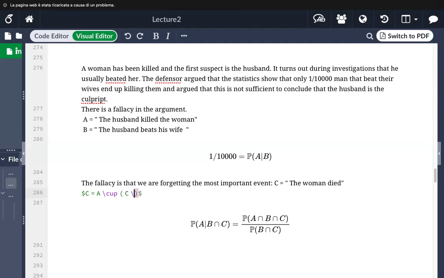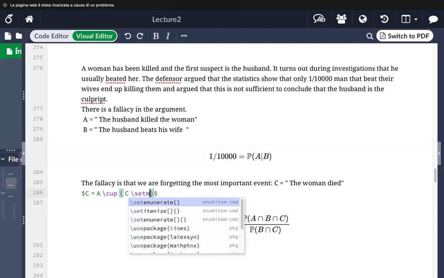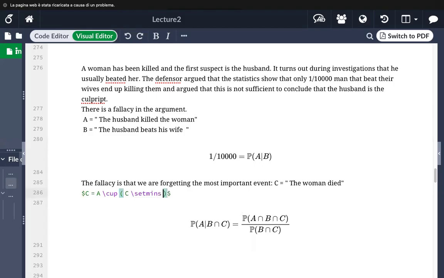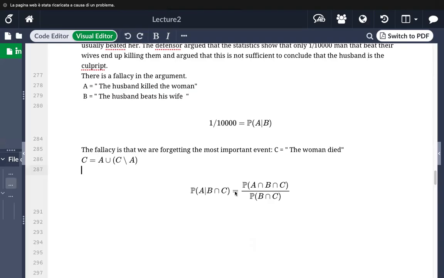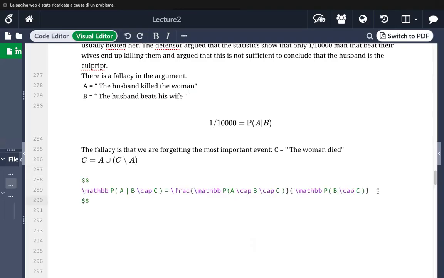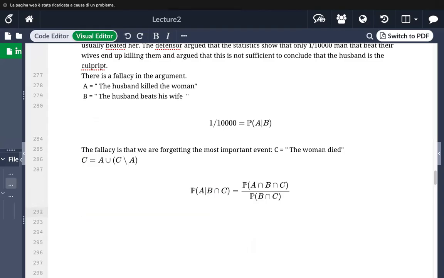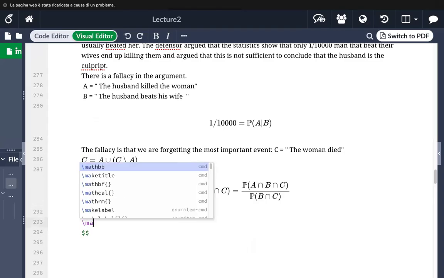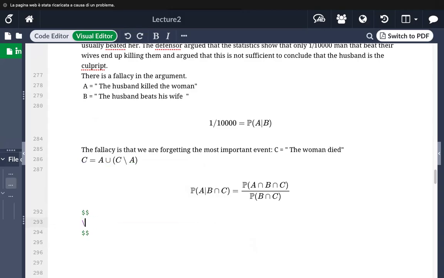So C minus A. So we can use this decomposition. The first set is that her husband killed her, and the other one is that another one killed her. So we can now use this decomposition to write this equality.